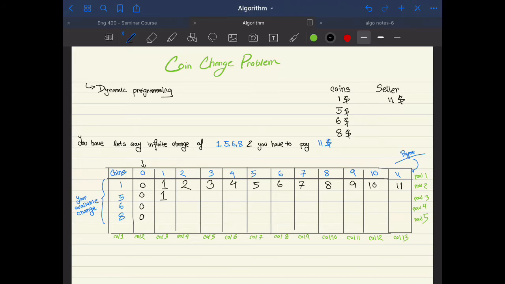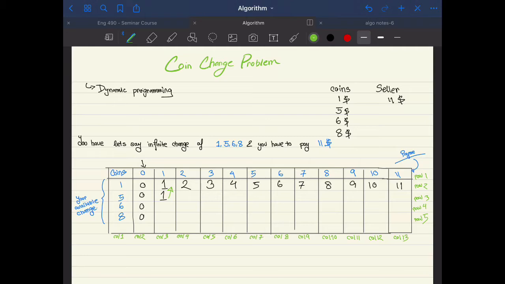One thing that you have to keep in mind here is that only when the seller wants $5 can you use the $5 coin rather than using 5 $1 coins. Similarly, when the seller wants $8 from you, you can use the $8 coin rather than using 1, 5 and 6 coins. So we came from row 2, where we already accessed the value.